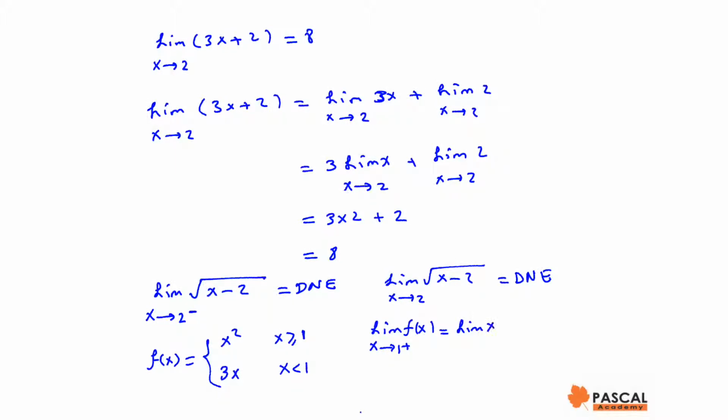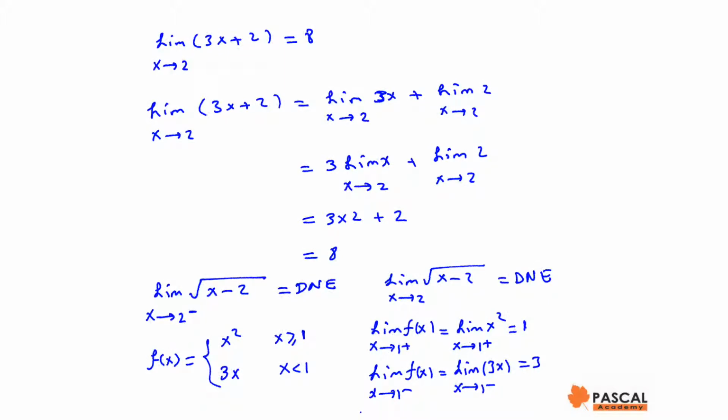It's the same as the limit of x squared as x approaches 1, which is 1, by the substitution method. The limit of f of x as x approaches 1 from the left side: in this case, we have to use 3x as the rule of the function, because x is less than 1, and this limit is 3.